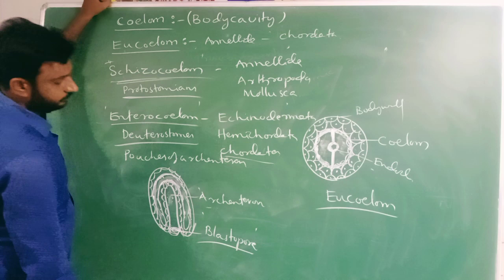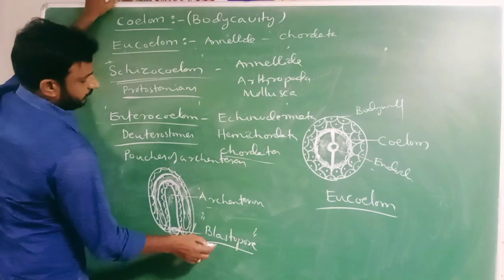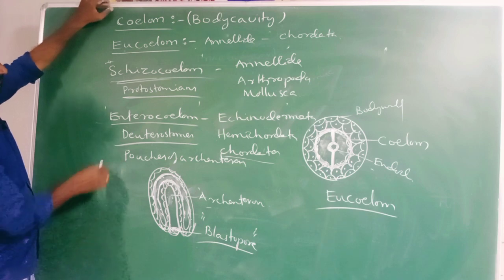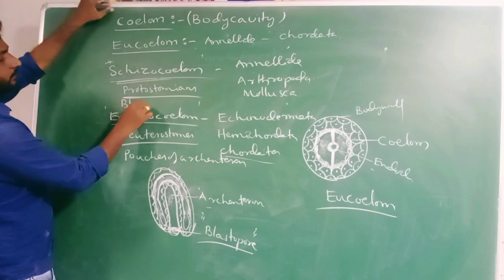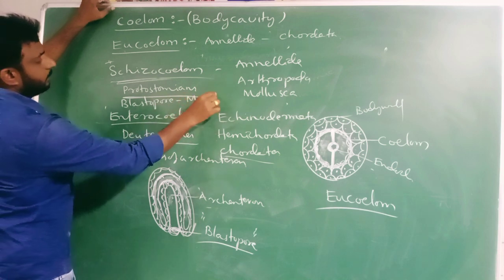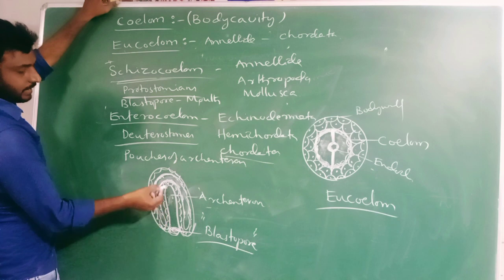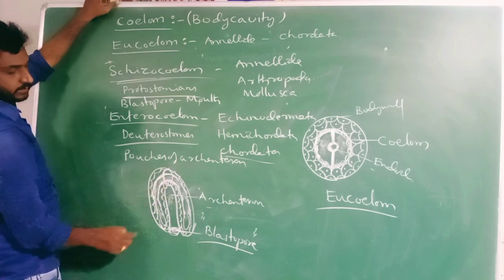If the blastopore develops into the mouth, those are called protostomians. Later, at the opposite end, the anus is formed.